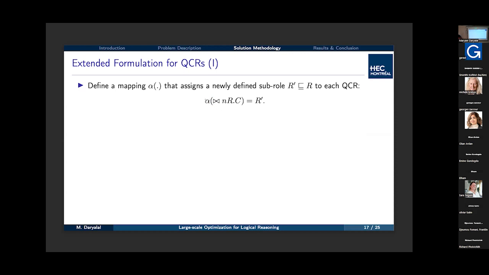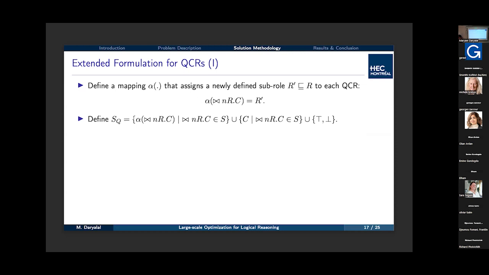I define a mapping here. I say, okay, for every restriction, I'm going to define a subrole. And then I'm going to define this set as SQ. And what is this set? It's these mappings. So all the subroles that I've defined, think of a subrole as just one of those sets that we want to, at the end, get the intersection of.